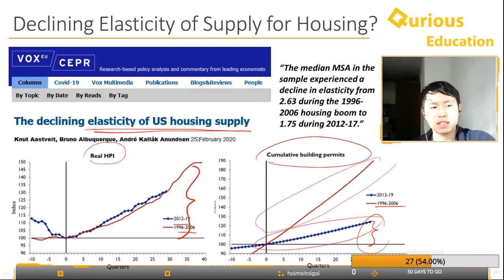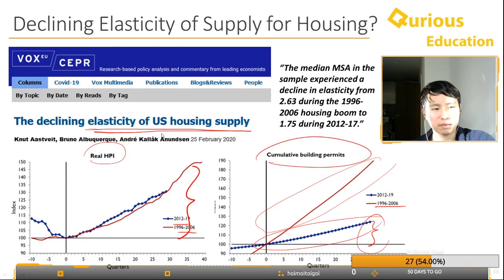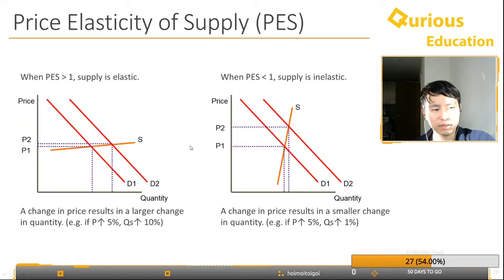Why? Because if we look at the previous figure here, if you've got an elastic supply like this, then when your demand increases for housing, the price only increases slightly, so housing won't be very expensive.